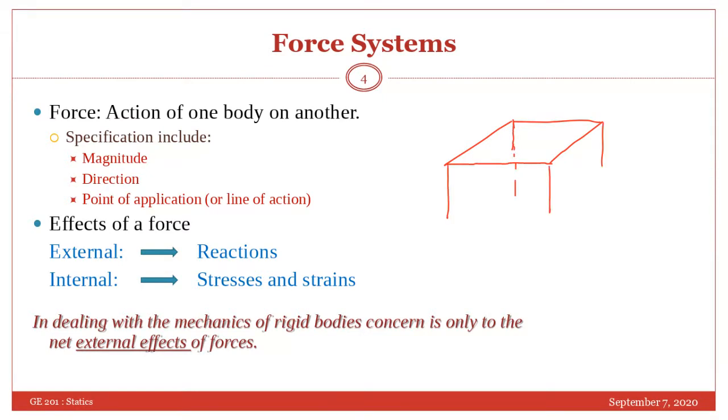For example, this is a table, and if you apply a force on this table, say 100 Newton, then in order to balance this, force will be generated between the leg and the ground as a reaction.